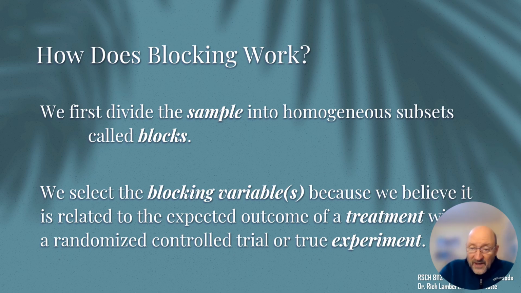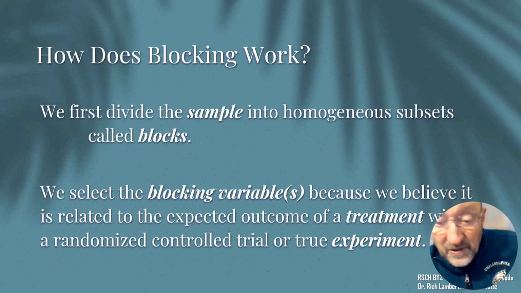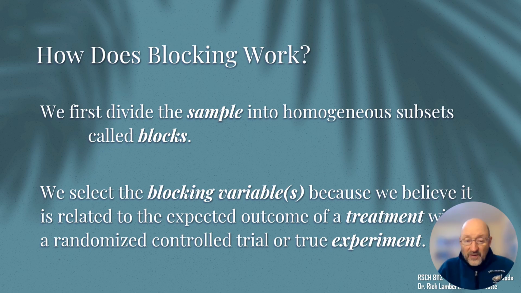So we select the blocking variable because we believe it's related to the expected outcome of the treatment within our randomized controlled trial or within our true experiment. So just like we pick the stratification variable because we think it's important to what we're surveying with our survey items, we pick the blocking variable because it's important to the outcome of the treatment that we're testing.